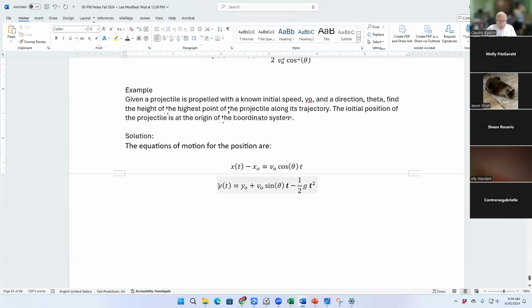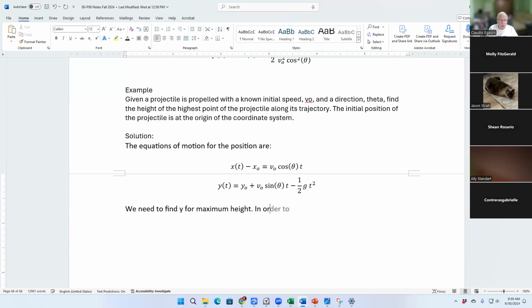What we want to know? We want to know y for an instant of time t, where this y has a maximum height. Okay, we need to find y for maximum height.